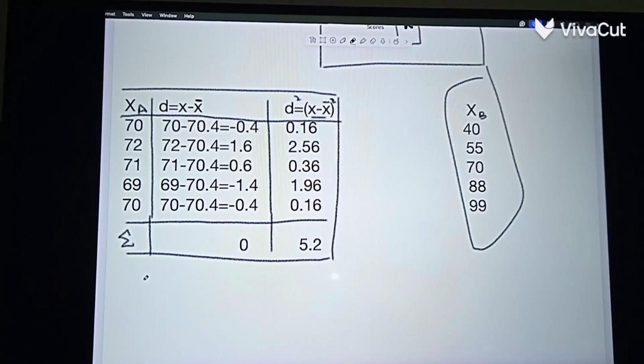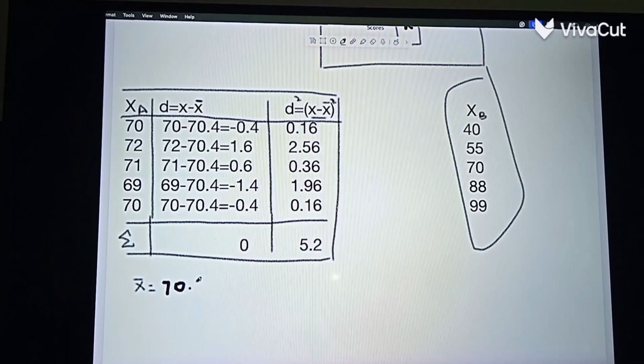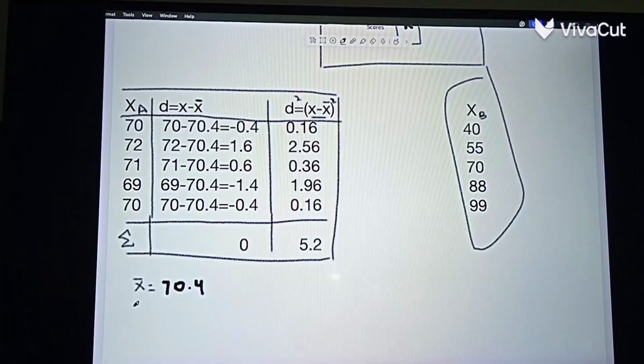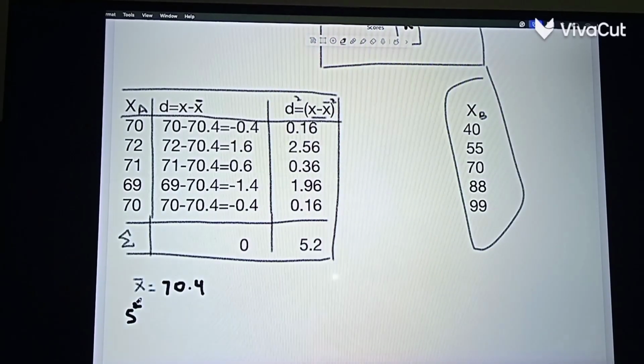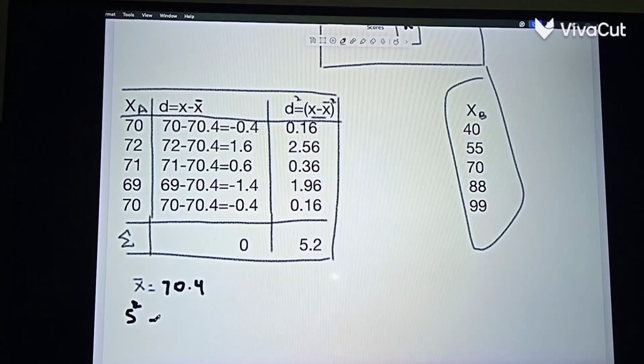Now as we know that x bar is equal to 70.4, then s square, which is the variance, is equal to the sum of d square divided by n.